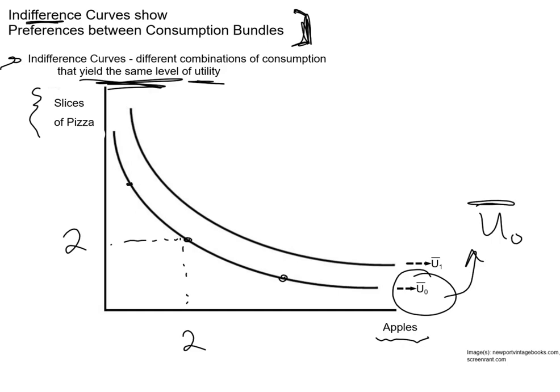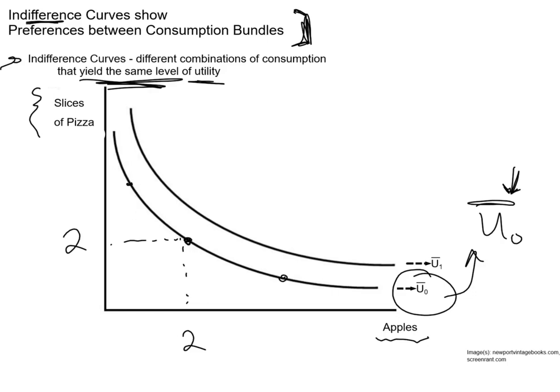Notice that this utility, I've got it U0 for this is my initial level of happiness, and I've got a bar over it. Do you recall what a bar over a variable represents? Actually, it can represent a number of different things, right? In statistics, it means average. When we're talking about theoretically, usually when we put a bar over a variable, we mean that variable is held constant. So we've got on this line, utility is held constant. It's the same utility at each point. So think about this conceptually.